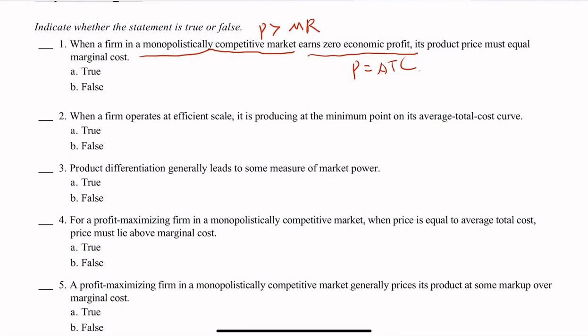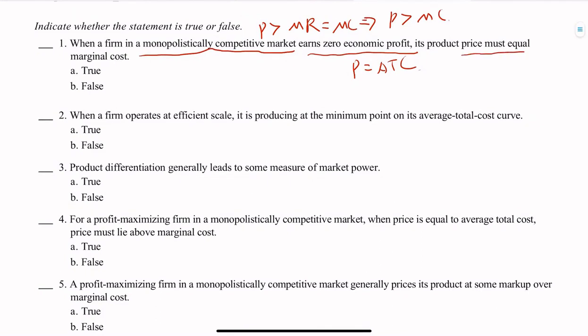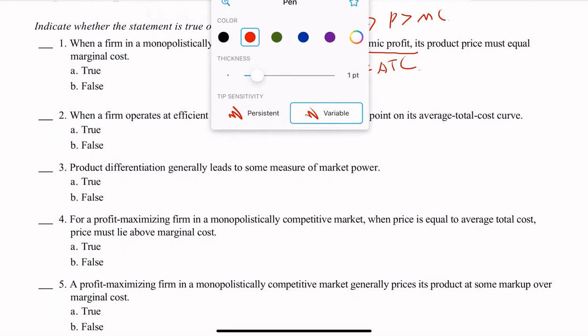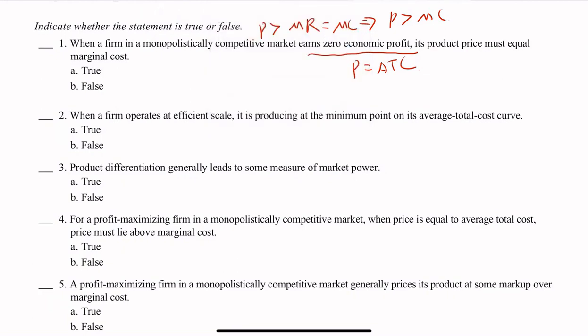So in this sense, you can see that if price is larger than marginal revenue and marginal revenue equals marginal cost, then this tells us price is larger than marginal cost, right? So obviously this is incorrect because it says price equals marginal cost. Okay, now if I remove one word, let's say I remove this word.